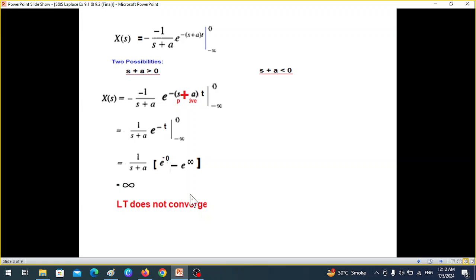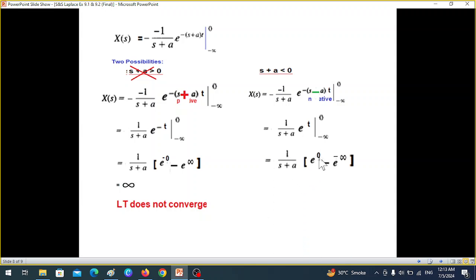Now keep in mind, in the previous case, for example 9.1, it was converging at this point. Now let's see the second part. Here again, we're now saying that s plus a is less than 0, meaning negative. Put a negative sign, so negative, positive. It will be e raised to the power positive t, and the limits.